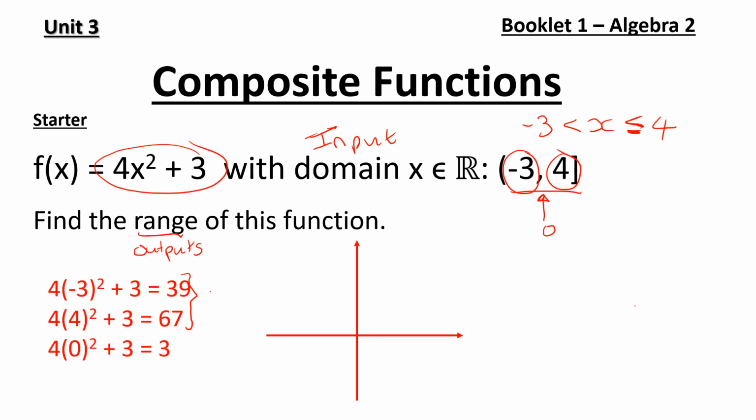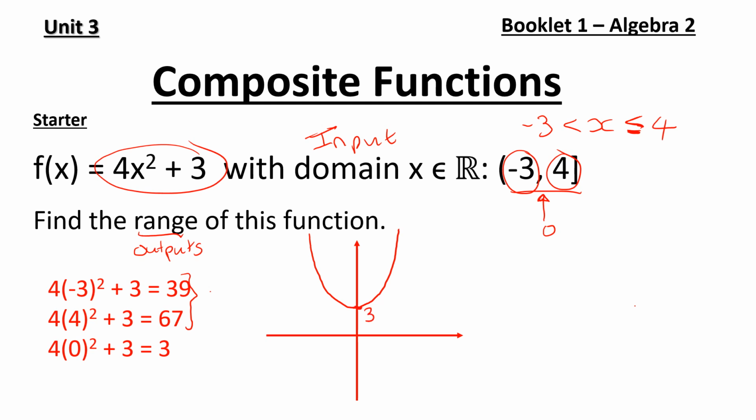Obviously we all know what a quadratic graph looks like. So if it was just x squared, it would be a U-shaped graph. This one is 4x squared, which means that it's going to be a taller graph, stretching upwards more quickly. But it's got a +3 on the end, which means that the U-shape would all slide up 3. So the graph would look something like this.